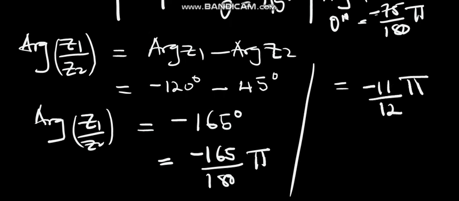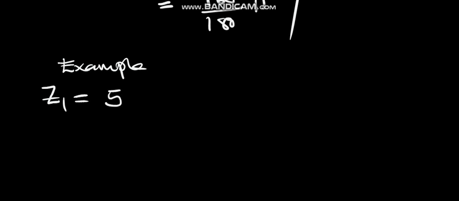Are we together? So let us go to example 2. We can have our z1 to be equal to 5 and z2 to be equal to 2 plus 3i. Is that okay?